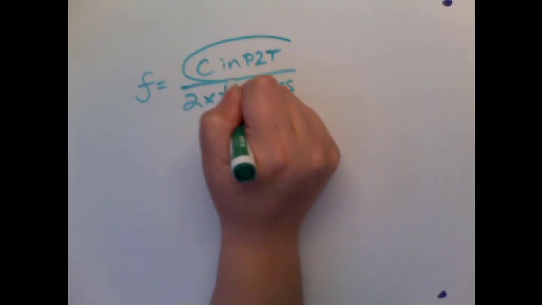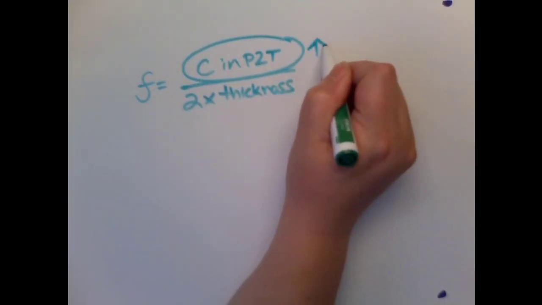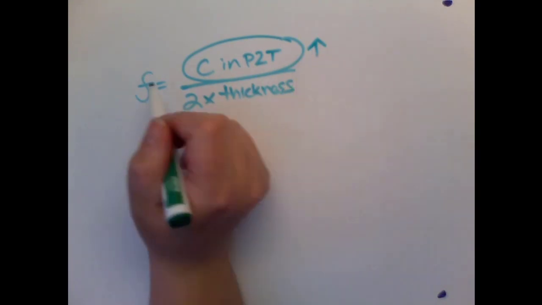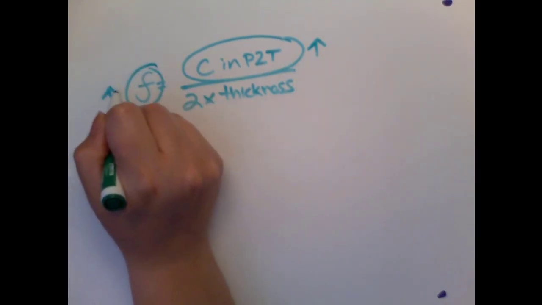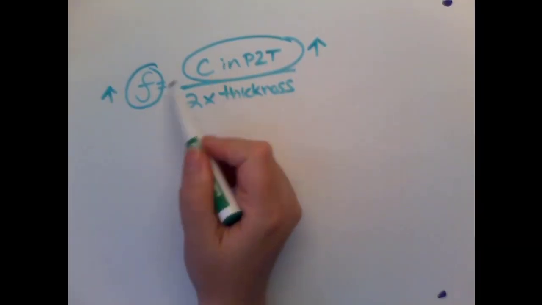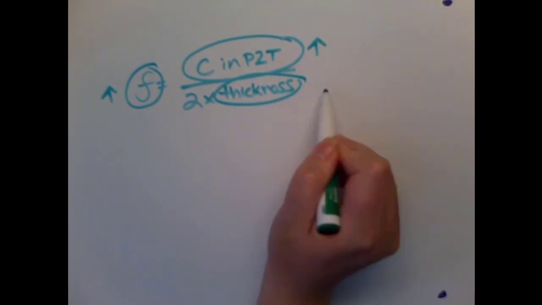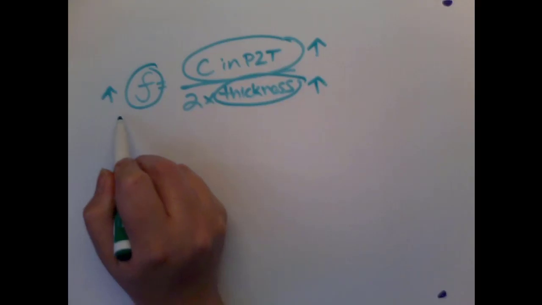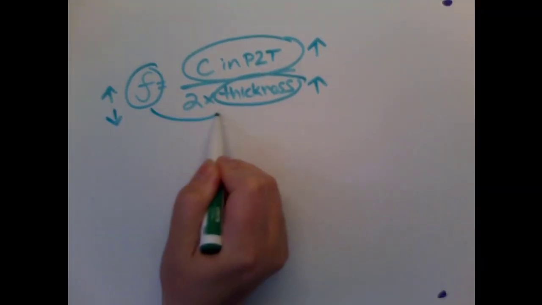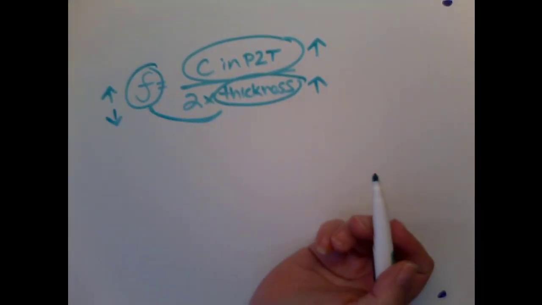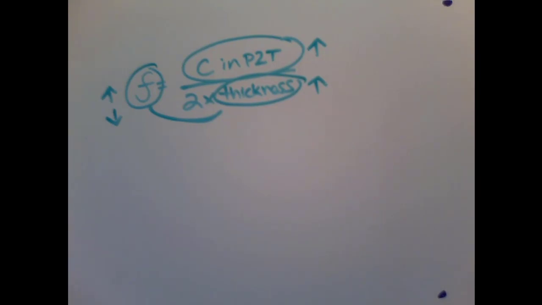When this part increases, frequency will also increase. These two are directly related. When this part increases, this is going to decrease. These two are inversely related. And we can just plug in some numbers just to kind of prove that part of it.